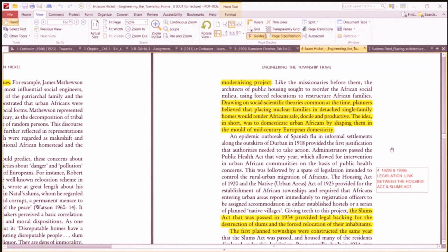How can we make an African look like a European? How can we make an African domestic arrangement look like a European one, right? It's to mold them, right? This is why Jason Hickel's title of the article is called Engineering the Township Home. You know, what is it to engineer something? It is to mold something, right? To shape it in the way that you want to shape the thing.